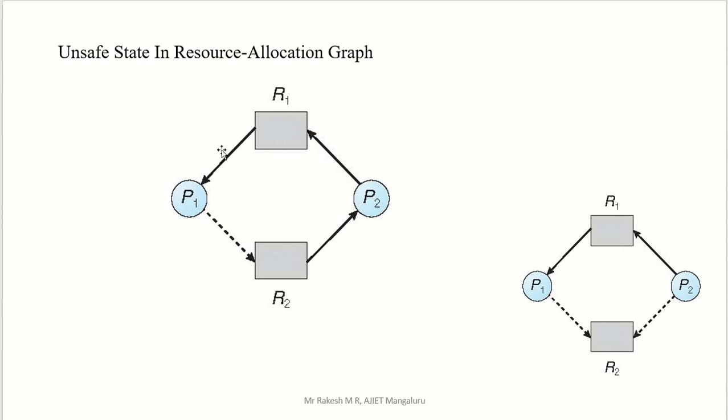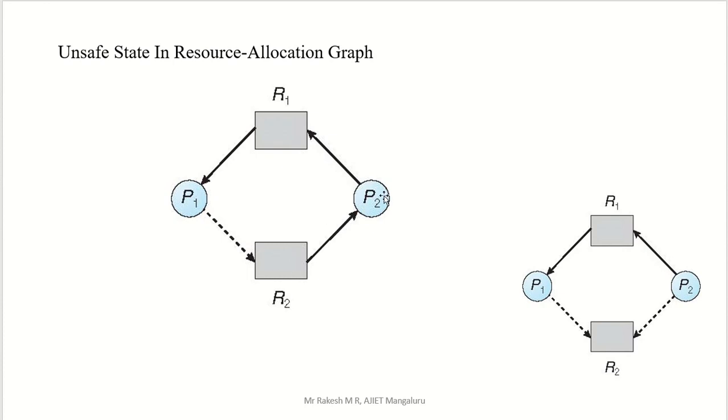It is assigned, right? R1 is assigned to P1, but P1 is claiming R2. Here P2 is claiming R2, but after some time P2 requested R2, and the line here is an assignment. After requesting, R2 is assigned to P2.